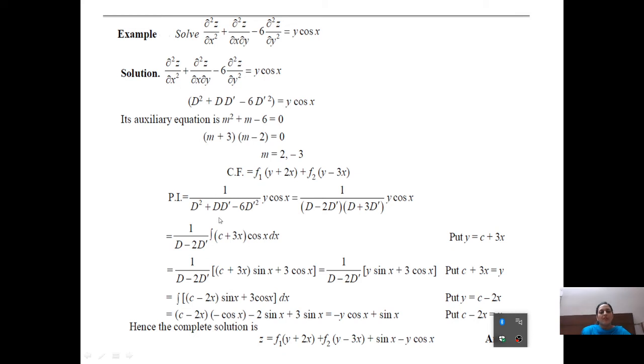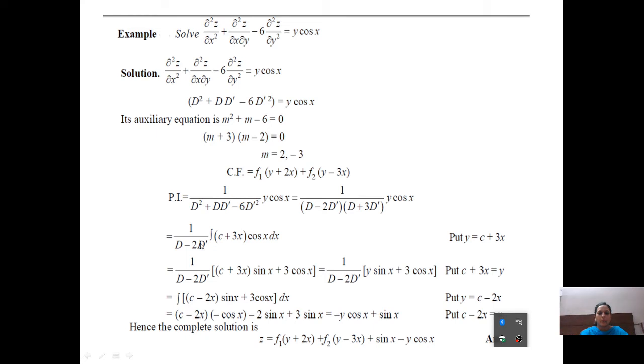Now, to solve the PI part, the particular integral, the same method is followed over here. What I have told in previous slides, we will factor this equation right over here and this right hand side function will be placed over here. Then one by one we will solve with the factors itself. Suppose we are going to solve with this factor first.